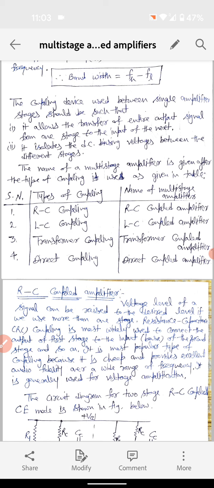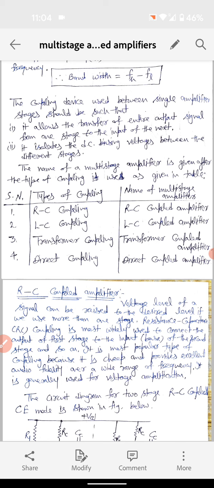But because we are discussing multi-stage amplifier, as we discussed in our last lecture, this multi-stage arrangement can happen by using some coupling components. Depending on which coupling components we are using, we name those amplifiers with the name of the coupling components.